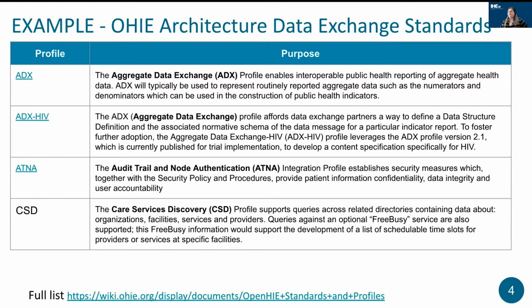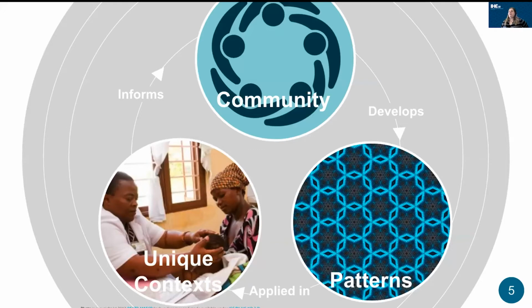So kind of the way that OpenHIE operates, because we are a community approach, is that we develop the patterns, and we do that with a lot of work partnering with IHE. So what we do is make sure if there's not a pattern that already exists, we work through the IHE process to develop that pattern. We then have different project teams and institutions that apply those patterns in unique contexts, like the Haiti example that we're talking about.